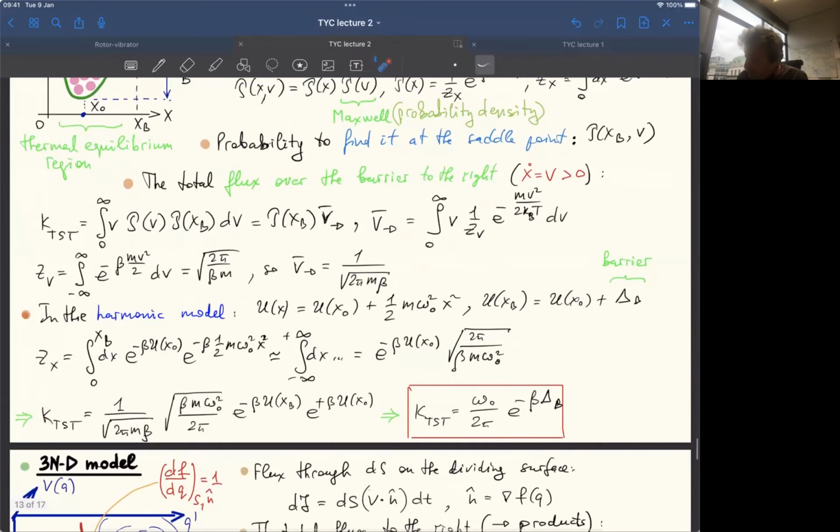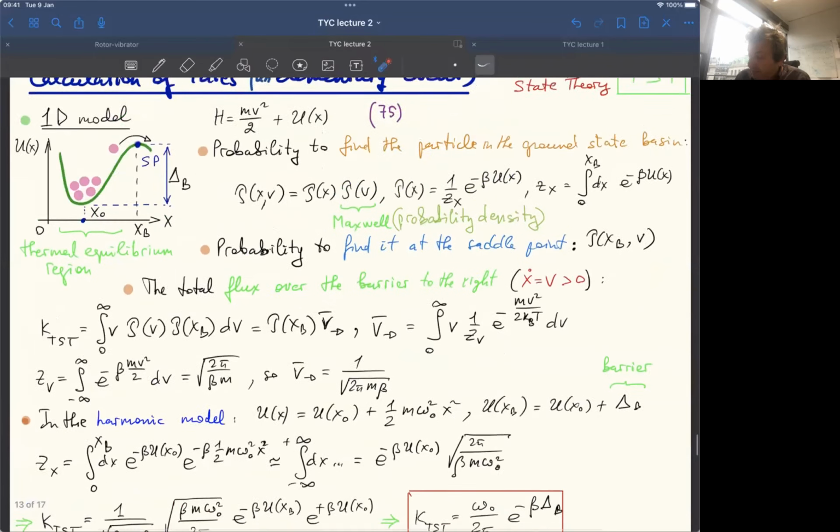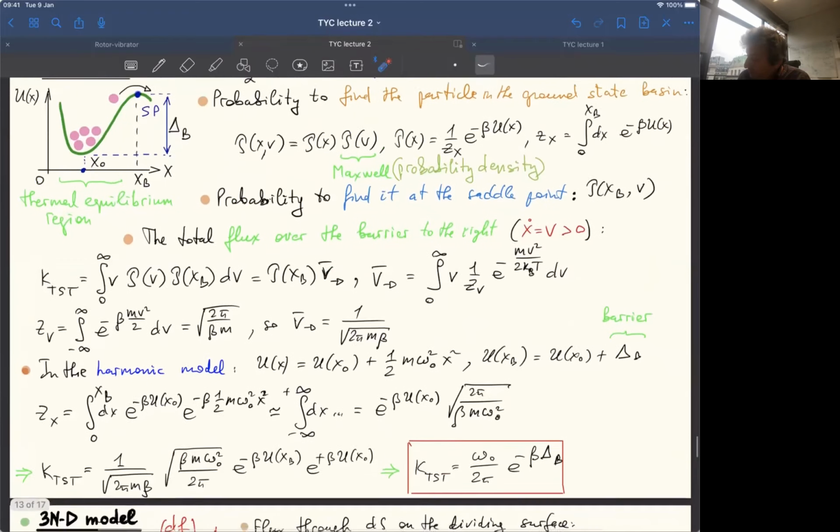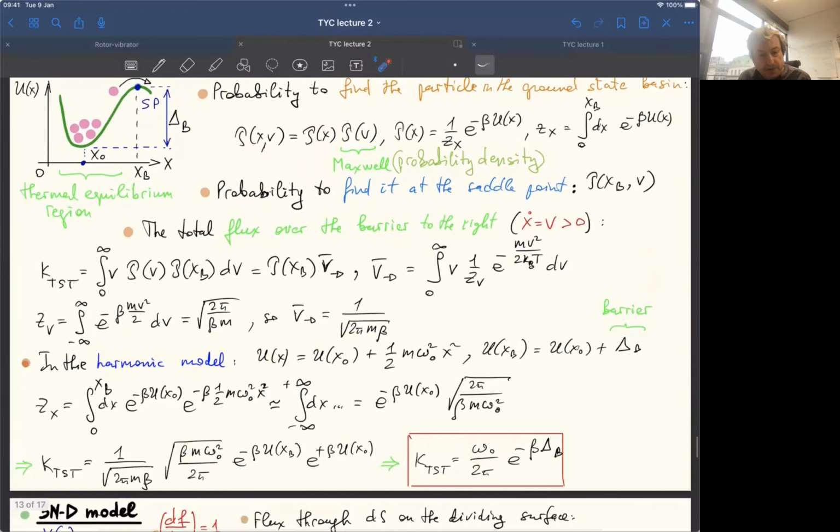And it has a prefactor, which, if you cancel out whatever you can, beta can be canceled out, the masses can be canceled out, you get this. What is this? This is the rate with which my system oscillates in this energy minimum. So omega naught is the frequency, but omega naught divided by 2 pi is the rate with which it oscillates.